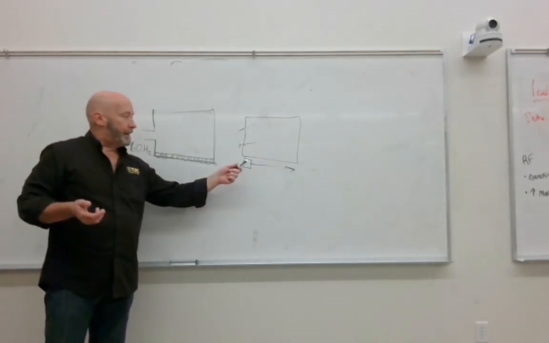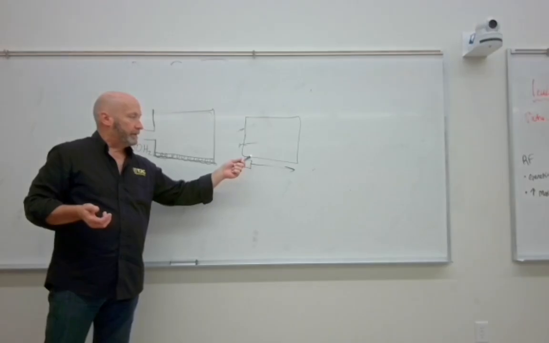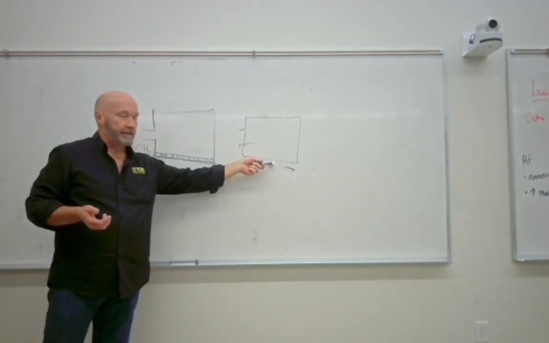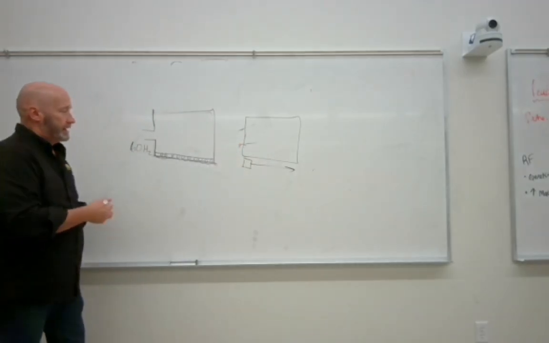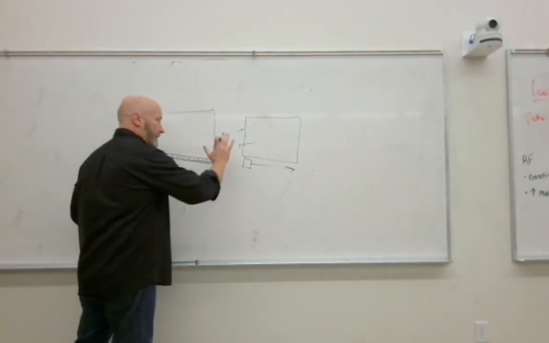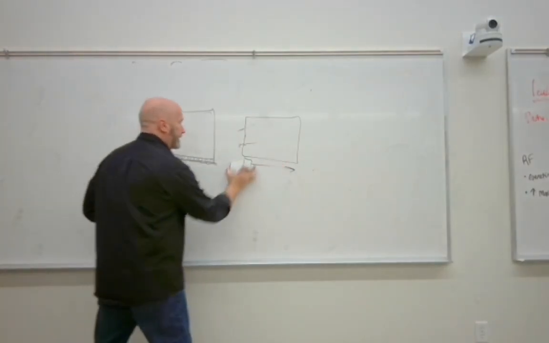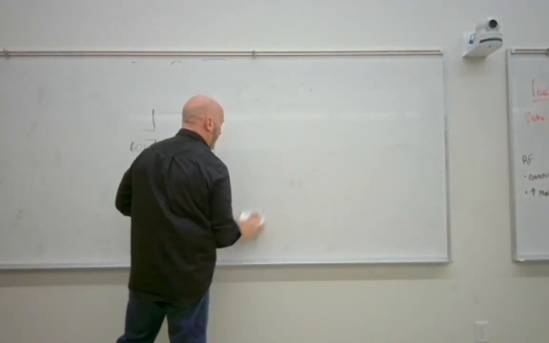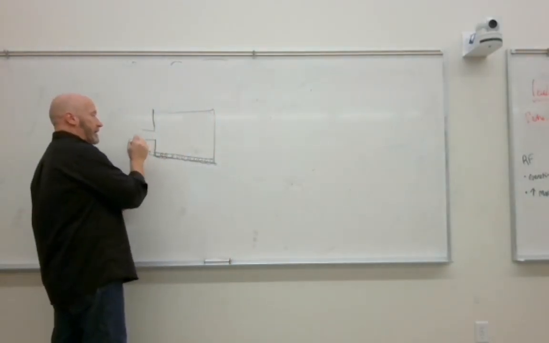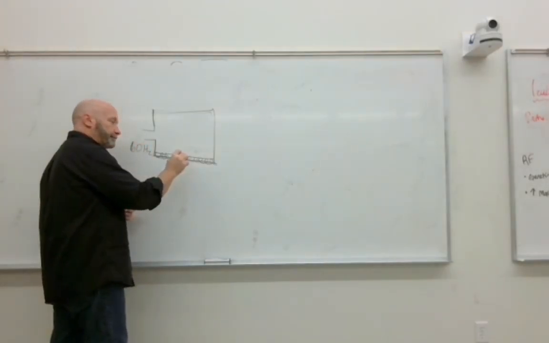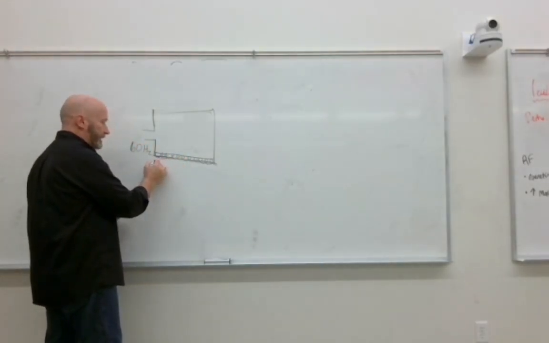So if this magnetic field is changing in relationship to this, creating electric flow, then the same thing is happening over here with 60 hertz. I've taken electricity, I've created a magnetic field.